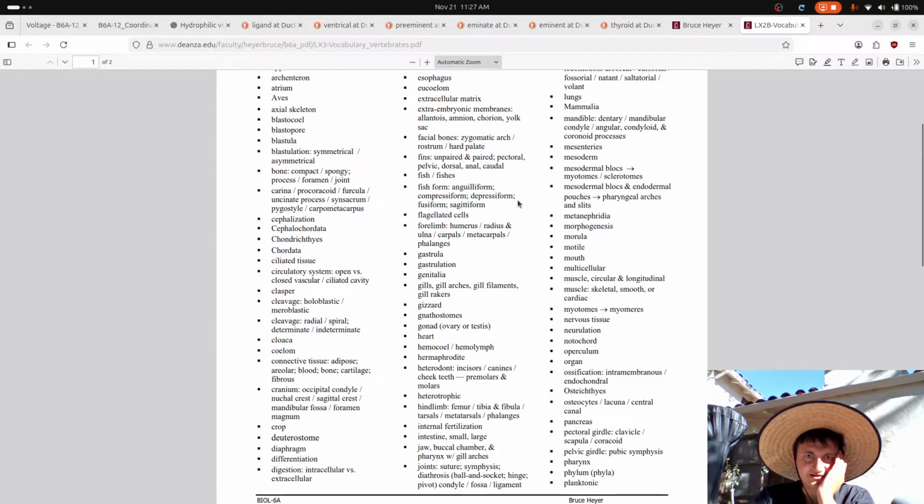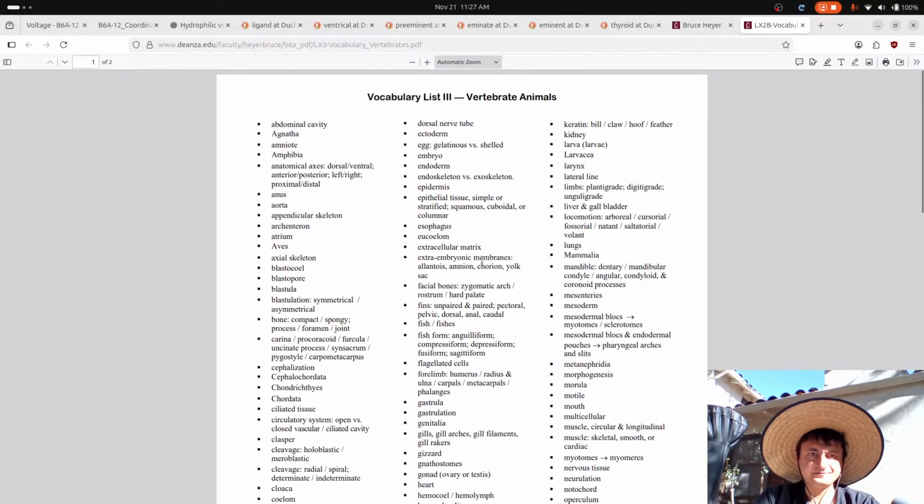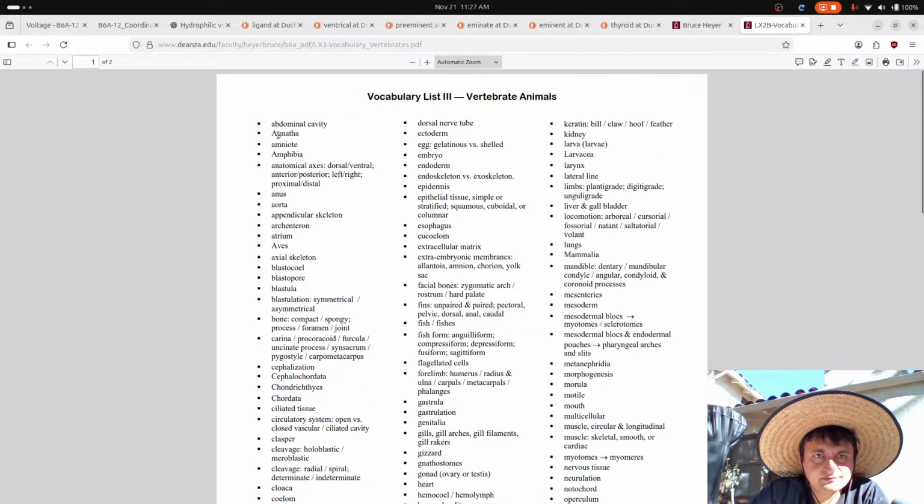We get a lot of words. Let's see. What do we have here? A lot of these are just going to be anatomical things: aorta, appendicular skeleton, archenteron, atrium, axial skeleton, blastopore, blastula, bone.